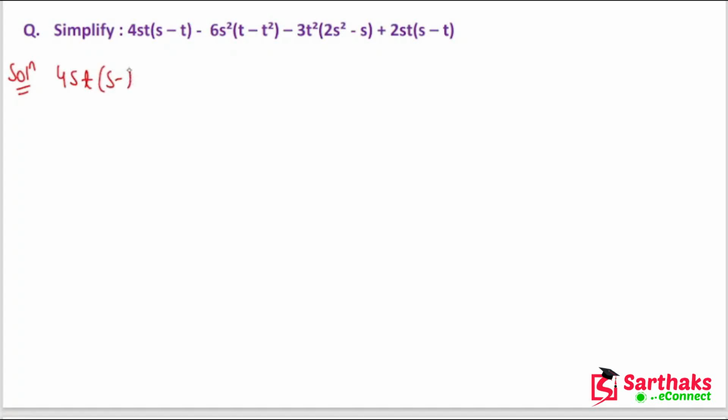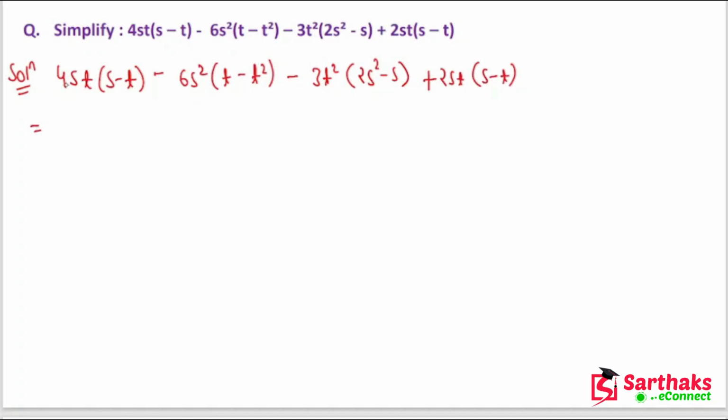4st into s minus t, minus 6s square into t minus t square, minus 3t square into 2s square minus s, plus 2st into s minus t.